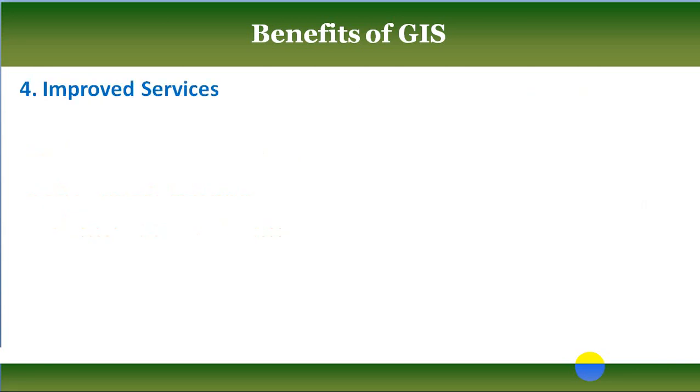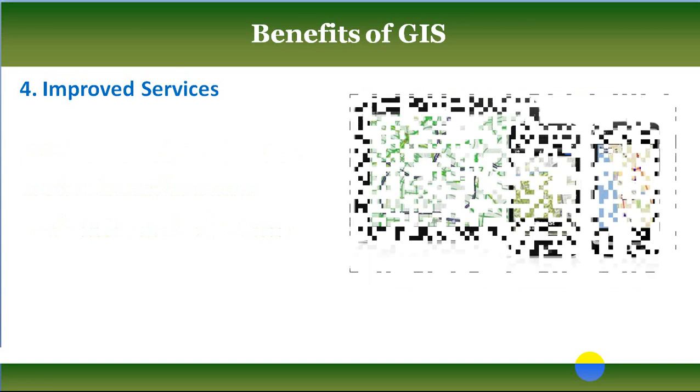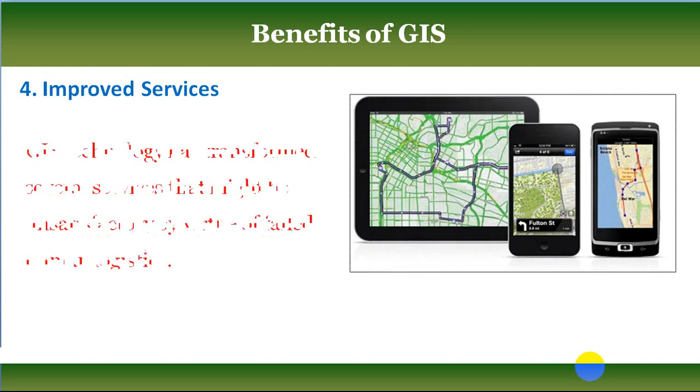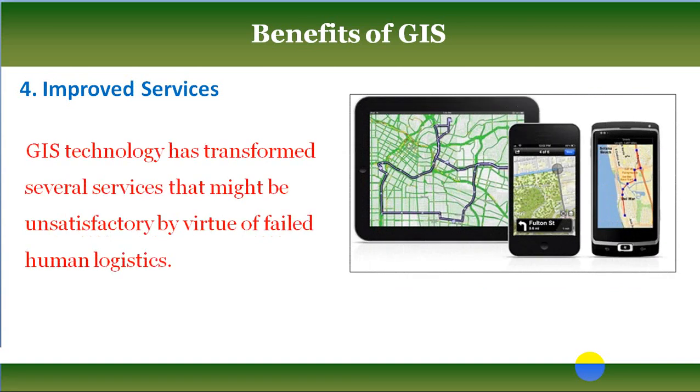Then come improved services. GIS technology has transformed several services that might be unsatisfactory by virtue of failed human logistics. For instance, home delivery of packages has greatly been improved thanks to GIS.